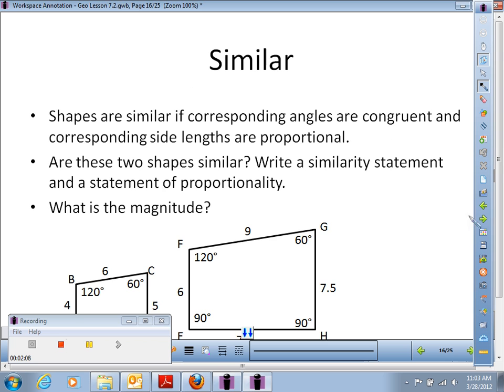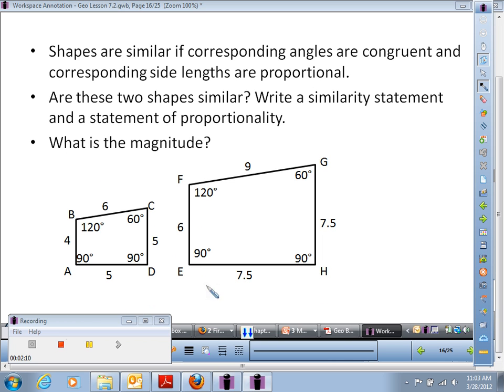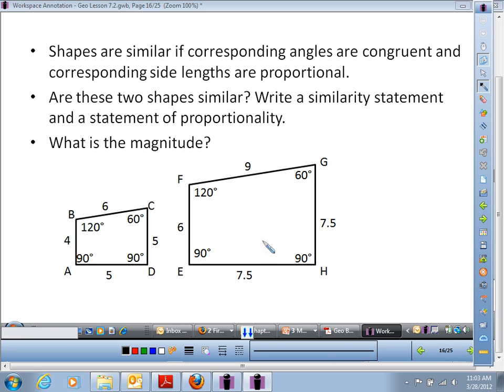Right. Let's backtrack. Let's go back to this slide now. What we're looking at here is two quadrilaterals, they're polygons. But these shapes could also be specifically defined as a right trapezoid. So first off, shapes are similar if corresponding angles are congruent and corresponding side lengths are proportional.